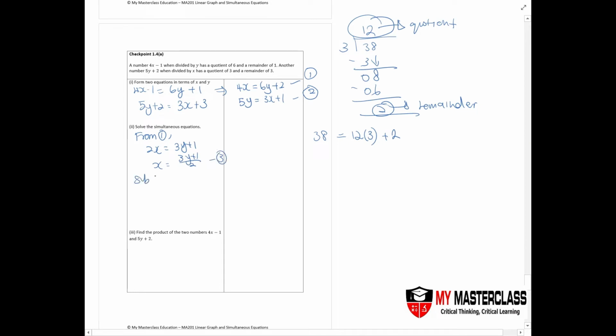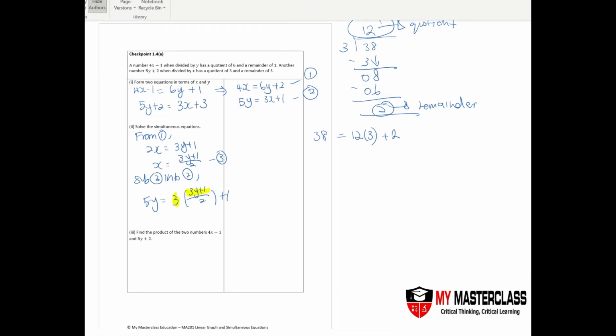So what I'll do is I'll sub 3 into 2, where I will have 5y equals to 3 times (3y plus 1) over 2 plus 1. Again, I remind you that you only multiply 3 to the top part, not the bottom. Once you are done, let's expand all of this out.